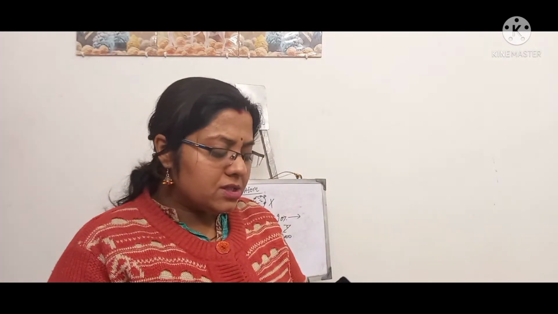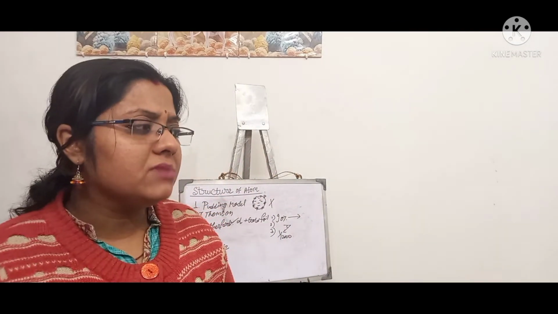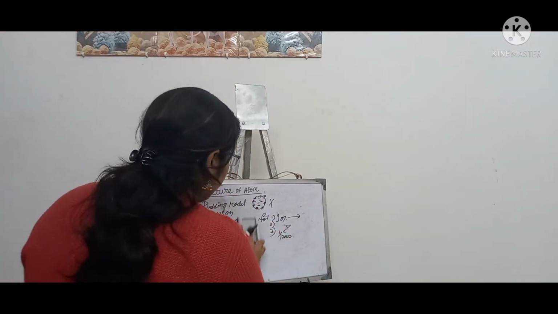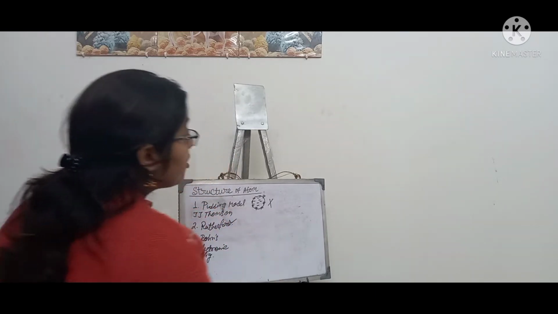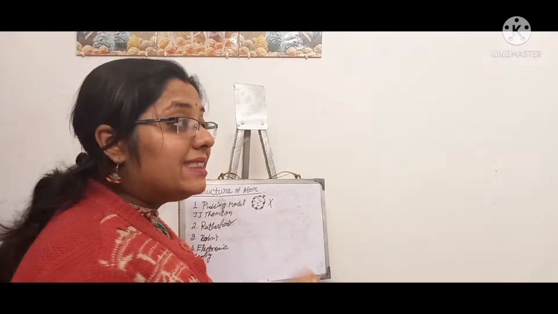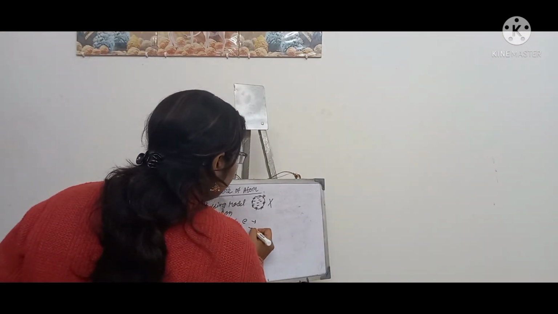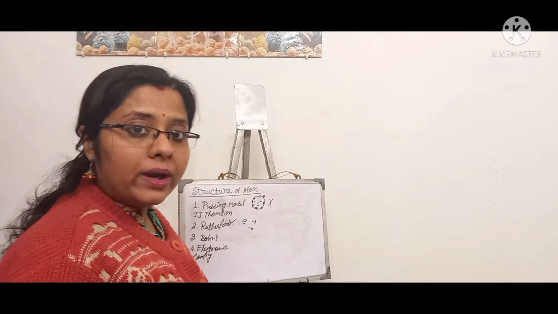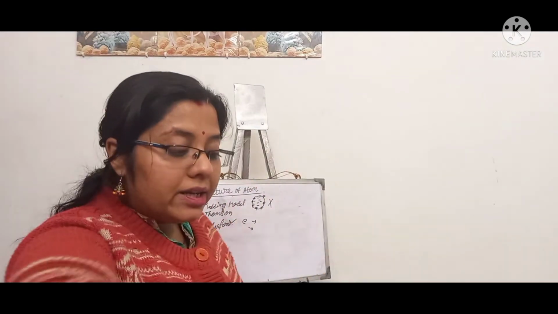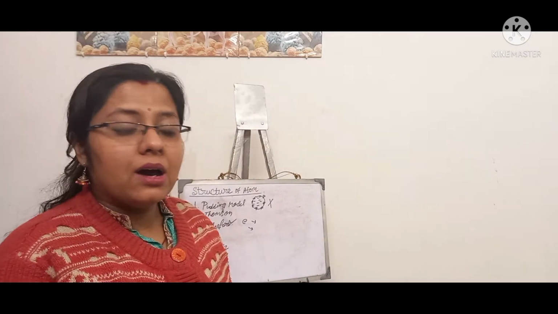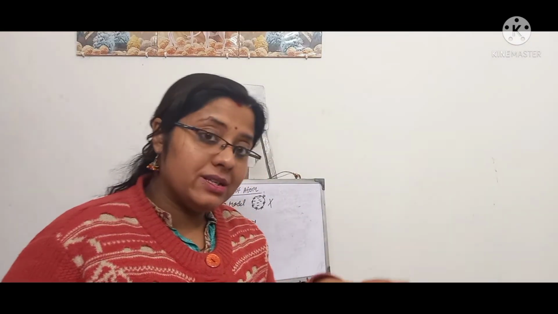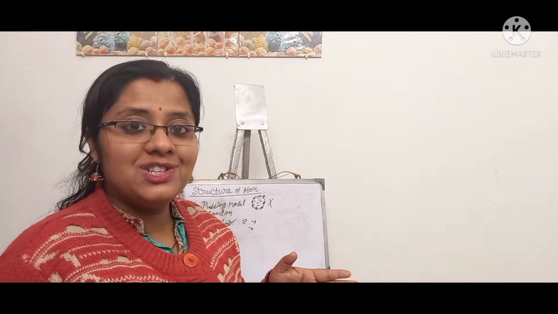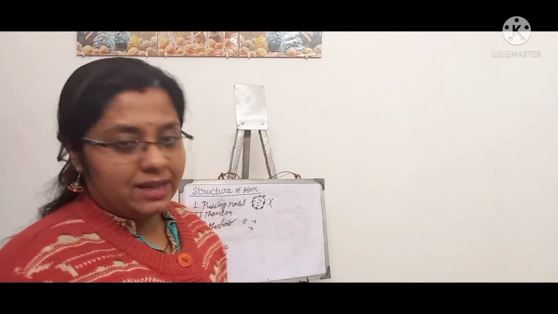So actually it was not wrong. The model was okay, right? But some drawbacks came. According to Rutherford, when electrons revolve around the orbit, they radiate some energy. Due to continuous revolving, the electrons emit some energy, and a time will come when the electron will lose all its energy and jump into the nucleus.